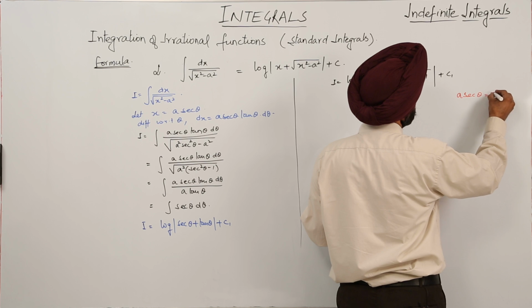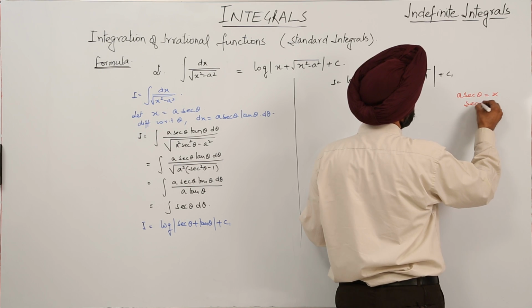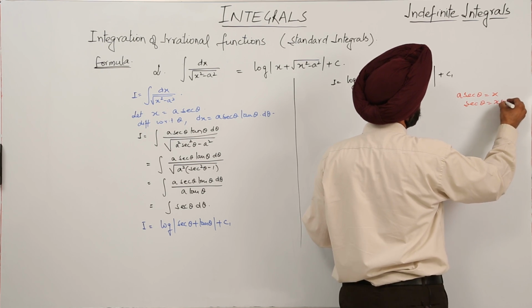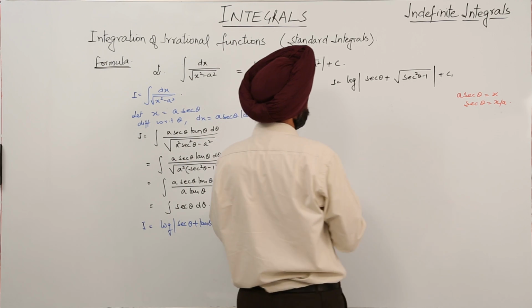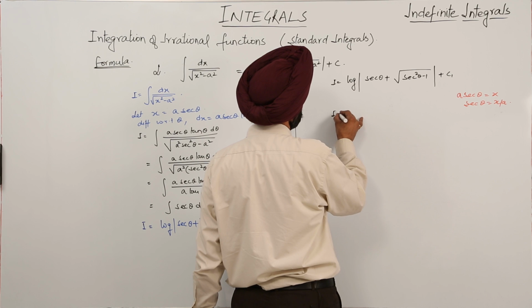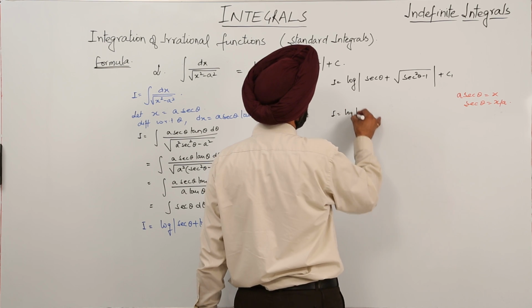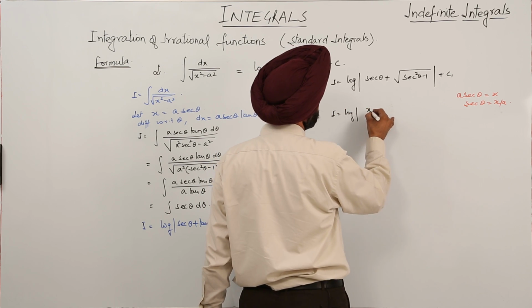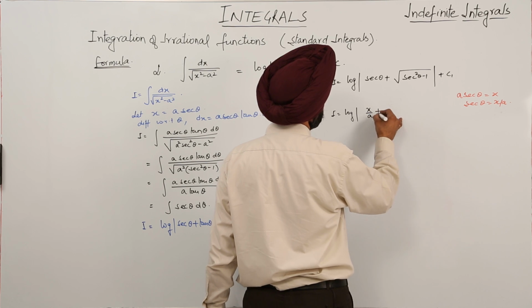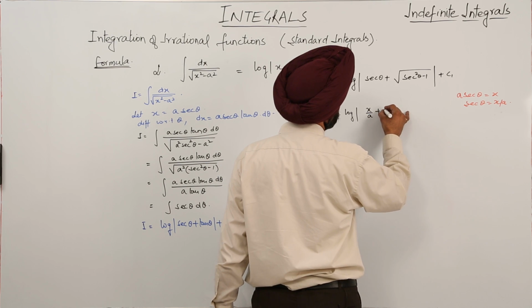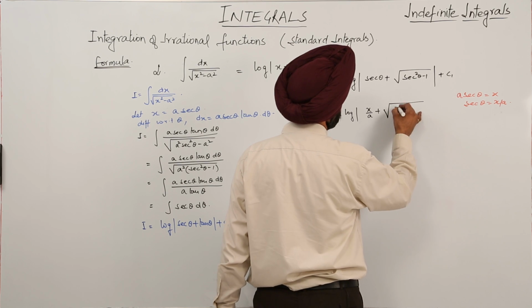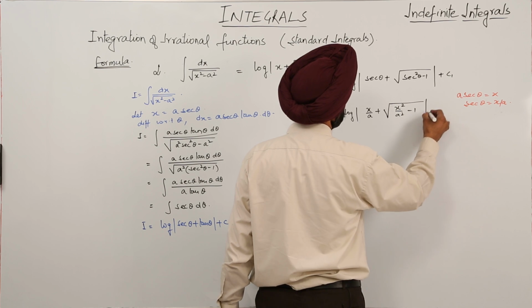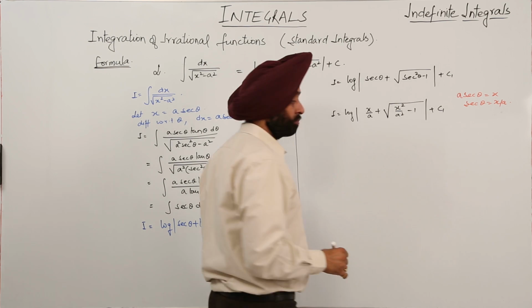A secant theta is equal to x, so secant theta is equal to x upon a. Okay, so now let's put this value. Now we have log mod of x upon a plus under the root of x square upon a square minus 1, plus C1.